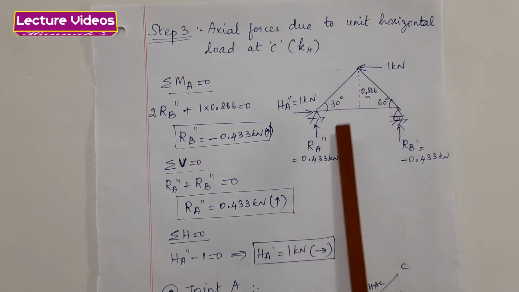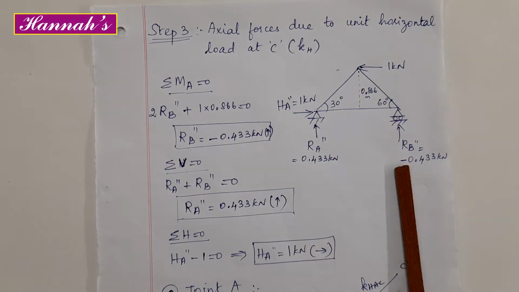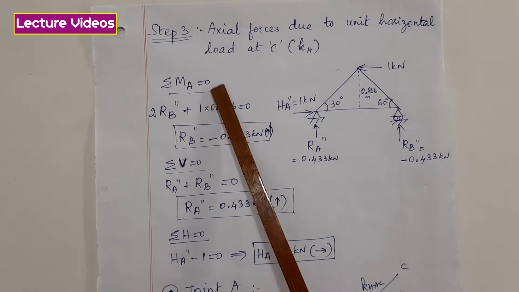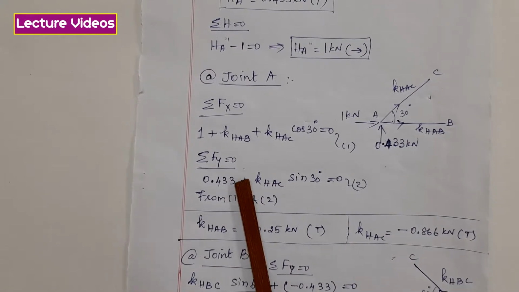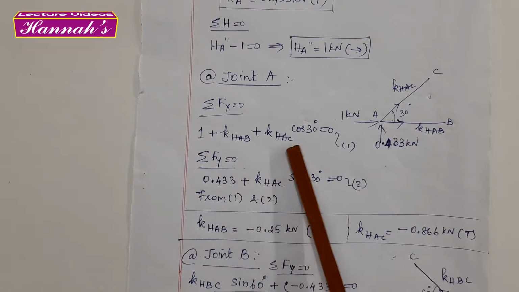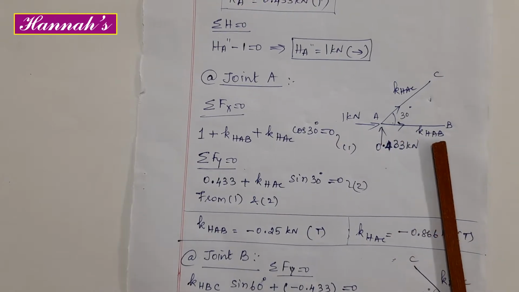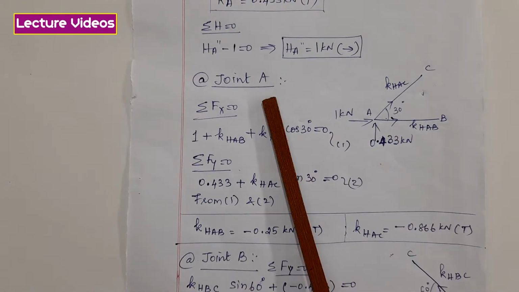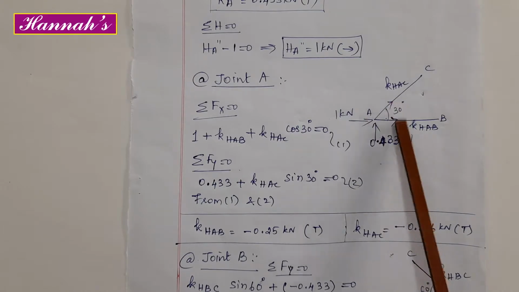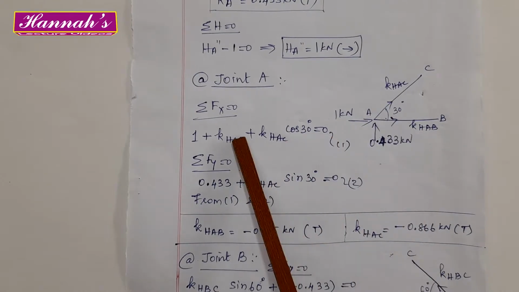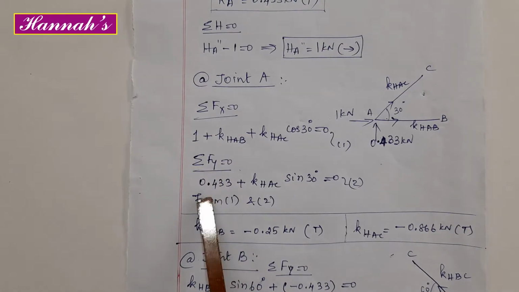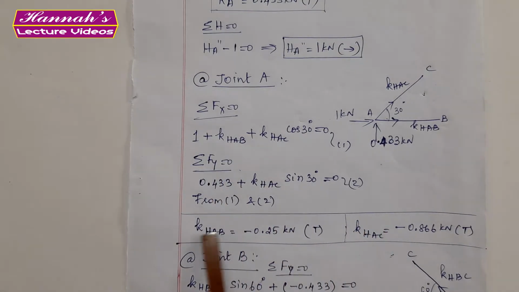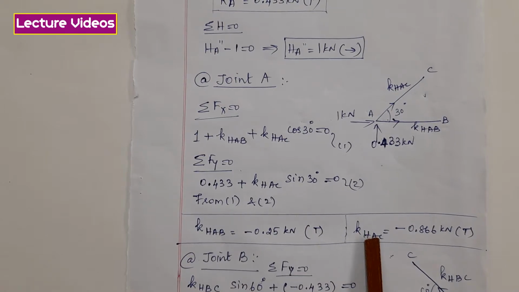For this load I can calculate the vertical reactions by the equations of static equilibrium. Same way, by method of joints, I am going to apply at each joint to determine the axial forces in each member by this unit horizontal load. At joint A, there are two members. Resolving, I write the two equilibrium equations and I get the values of the unknowns KHAB and KHAC.